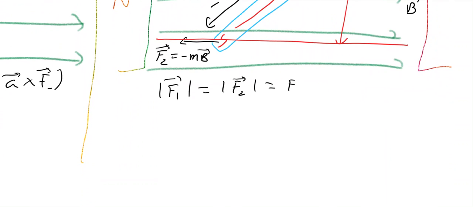Now how to determine the torque acting on the dipole? Just like the previous case, torque is L cross F1 plus L cross F2.